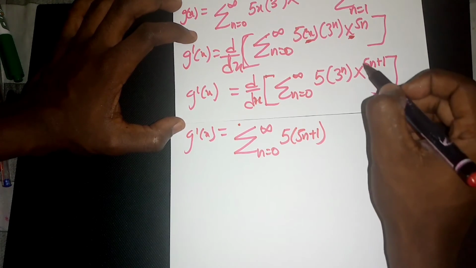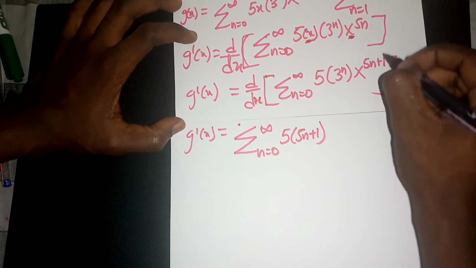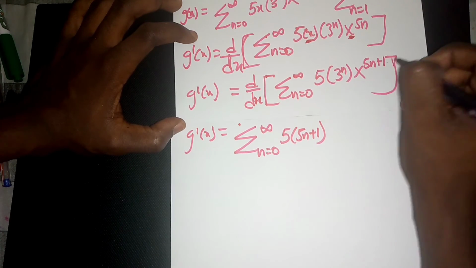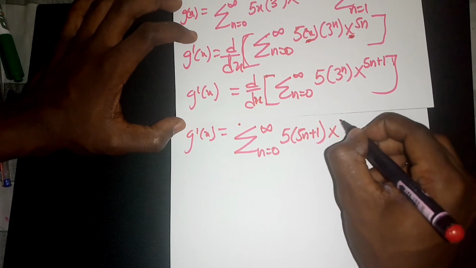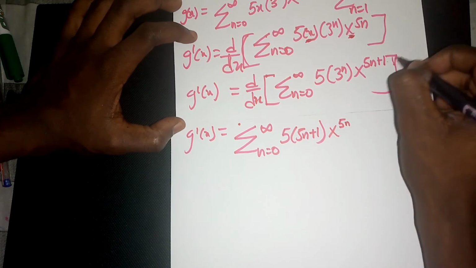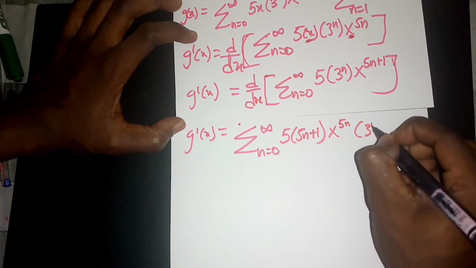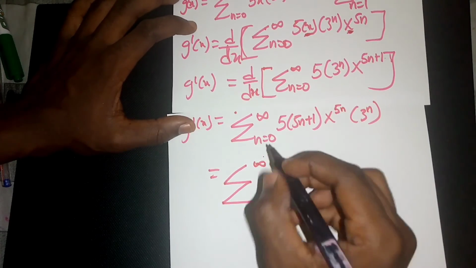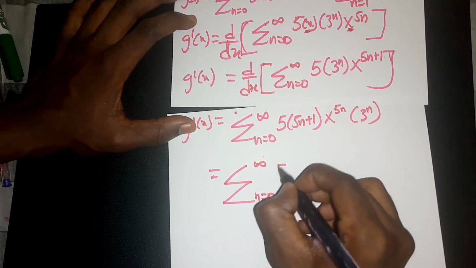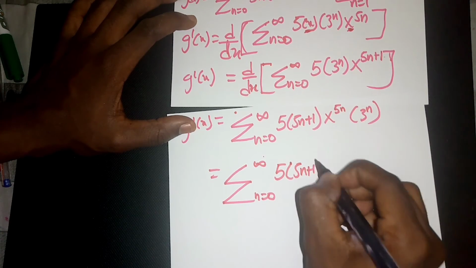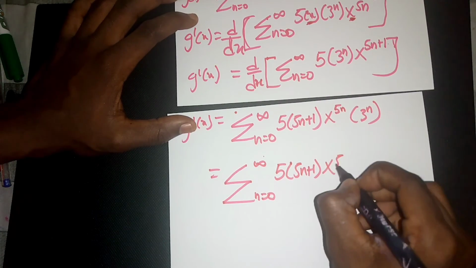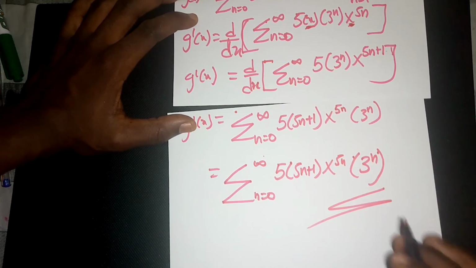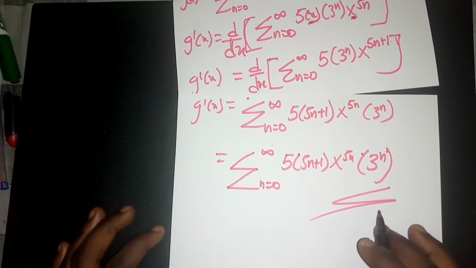Then we differentiate x to the power; since we brought the exponent down, we just subtract 1 from it. So subtracting 1 from it, we have x to the power 5n, then 3 to the power n. Therefore we have the summation from n equals 0 to infinity, then 5 to the power that, then 3 to the power n. And basically this is the derivative of the power series.